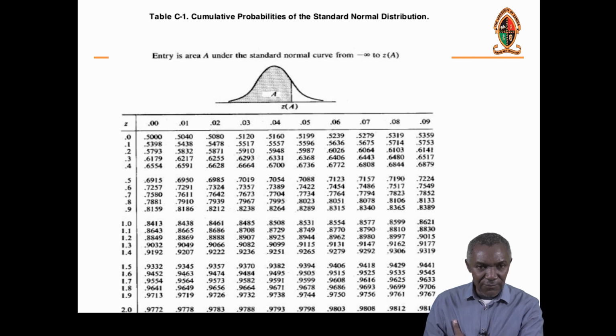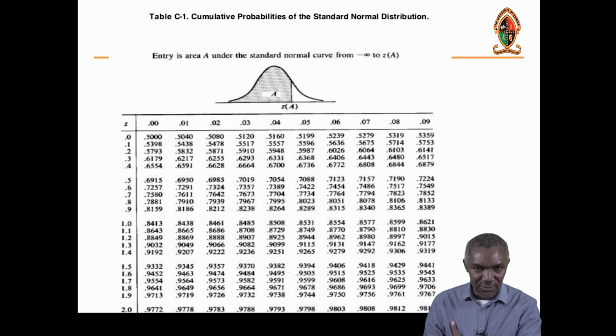So these values on the top of the table are decimals of what is on Z. If you have, say, for instance, 2.09, then you have to come to this last column.